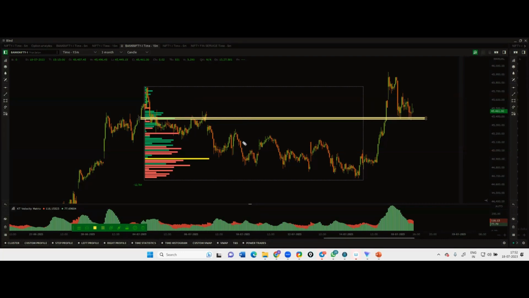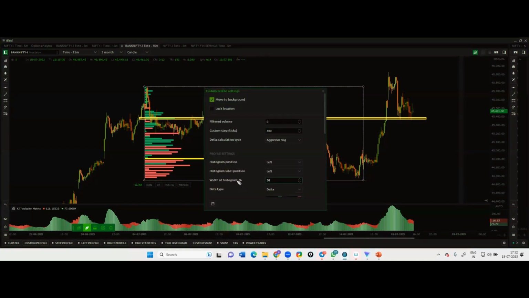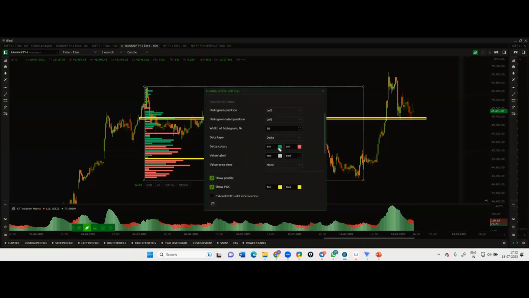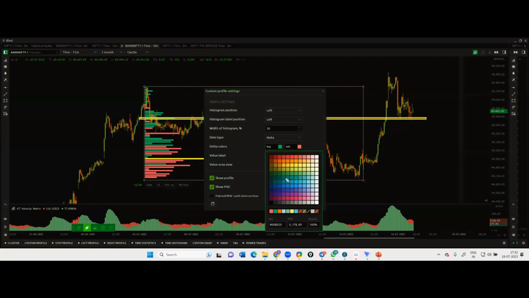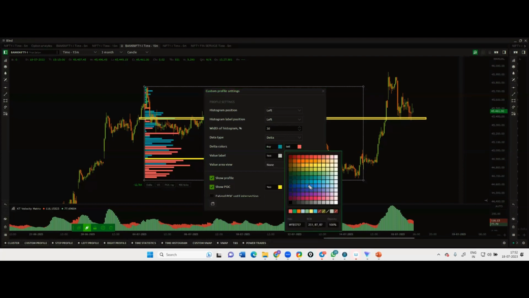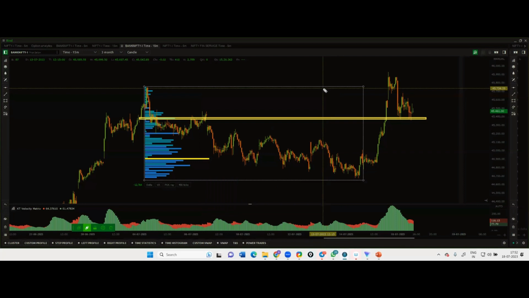Do not look at positive delta as green and negative delta as red. See where price is. If you don't want to get confused, I'm giving you a tip. If you follow this tip and use delta profiles, you will be the happiest guy. Change everything to one color. It's price plus volume.